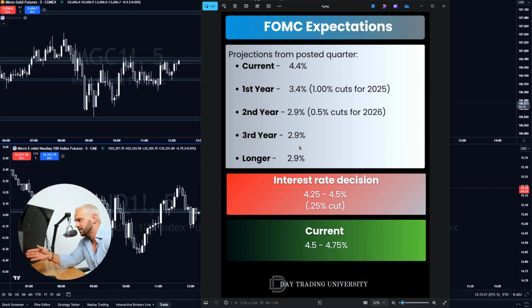This is what the markets are expecting. Second year, 2.9%. So if you look at that, 0.5% in the following year. That's 2026. This can change. Data will change. Events will happen. But this is just forward projections. Then you can see year 3. And then the longer term, they're just looking at it hold. The Feds are expecting to hold at around 3% interest rates. Okay? So that's market expectations.